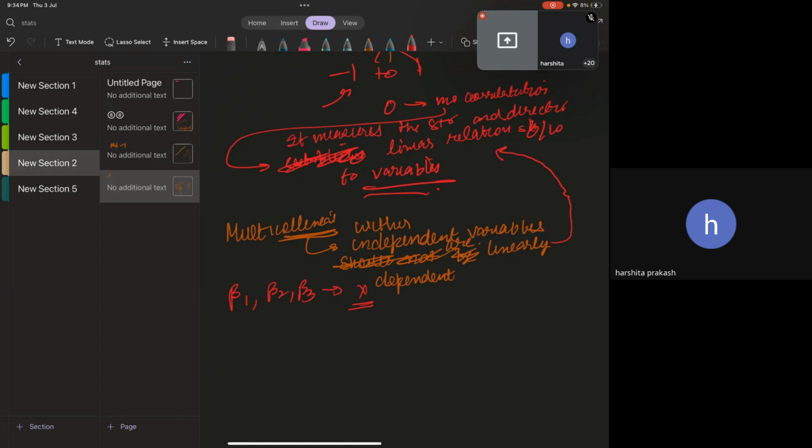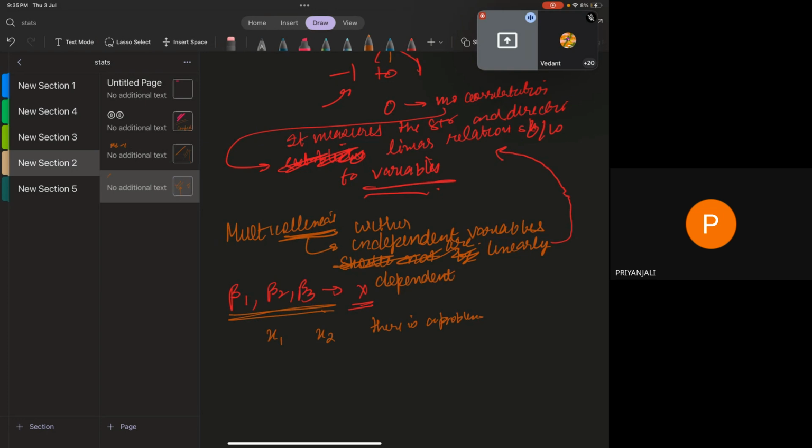So Pearson's correlation coefficient can actually be helpful to tell you whether the independent variables have multicollinearity or not. And if a change in x1 is causing a change in x2, then that means there is a problem. My coefficients, my learnable parameters will lose interpretability.